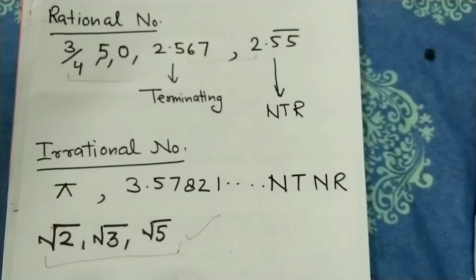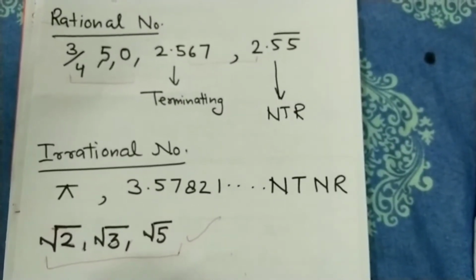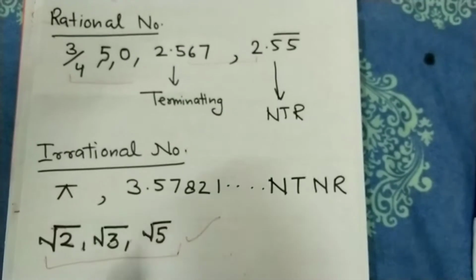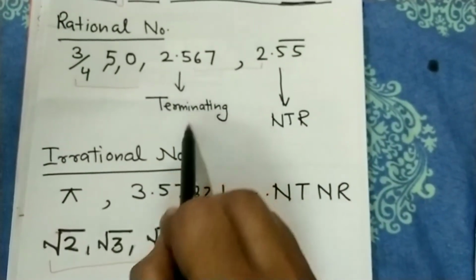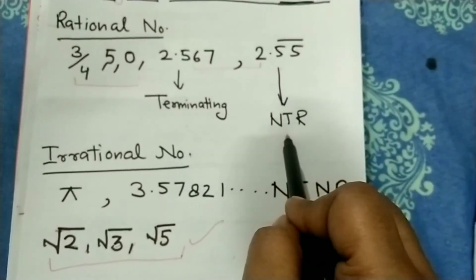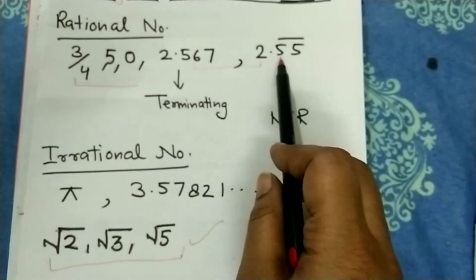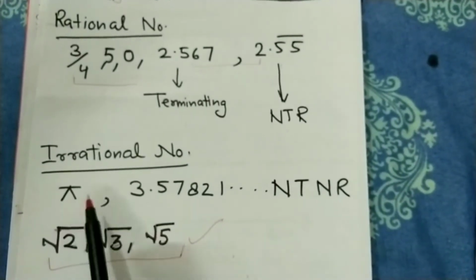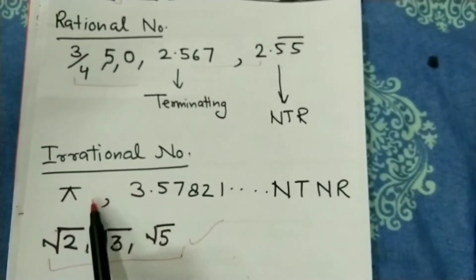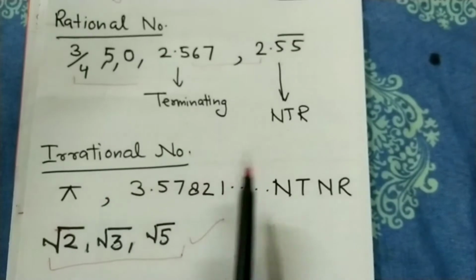As you all know, rational and irrational numbers both give us decimal expansions, like these which were termed terminating, non-terminating, as 5 bar written over here. Then the value of pi, that would be 3.14 and goes on.